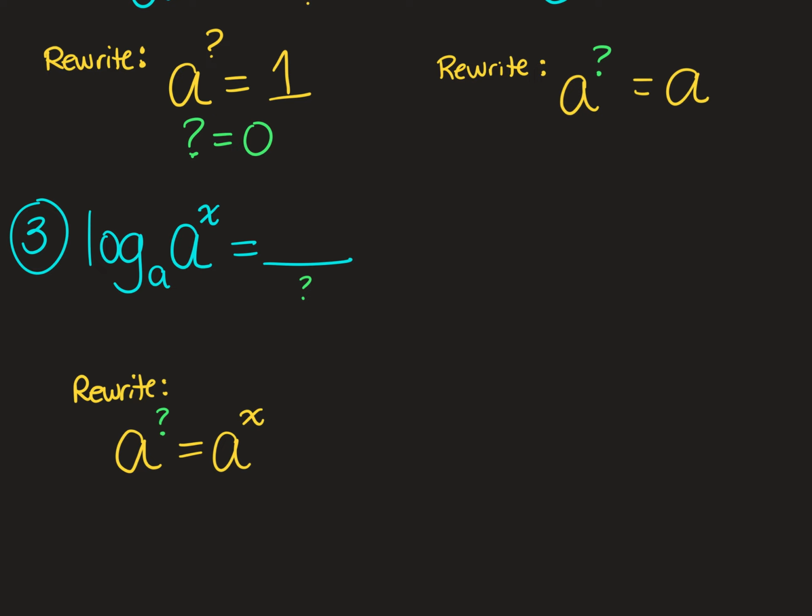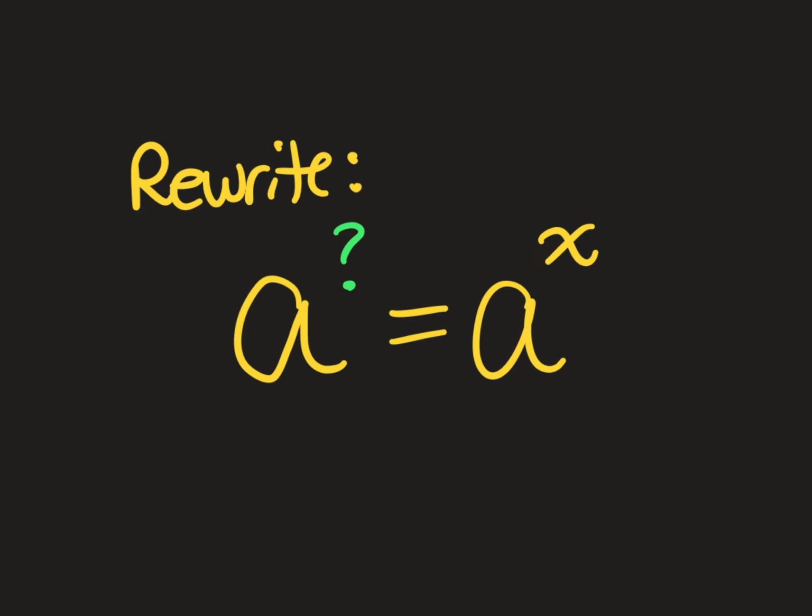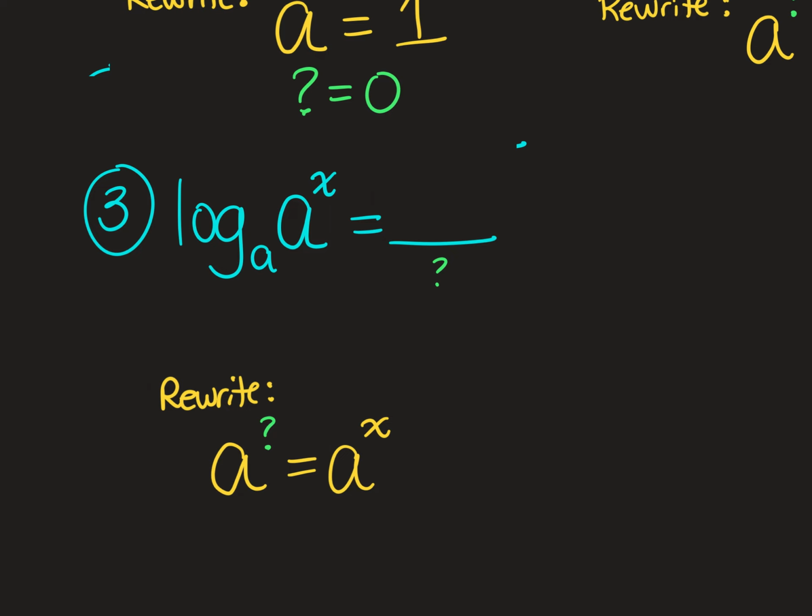So just by rewriting it, what does the question mark have to be? In order for a to some power to be equal to a to the x power, what does the question mark have to be? X, yeah, right? It has to be whatever x is. So this question mark is always going to be x, whatever x is in that expression.